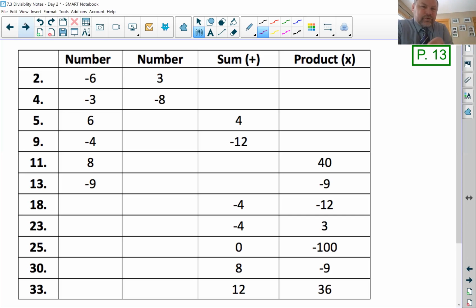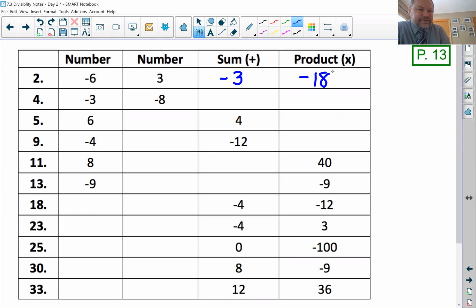So what we're looking at are numbers, or we're given numbers. We want to find their sum. So -6 plus 3 is -3. And we want to find their product. -6 times 3 is -18.